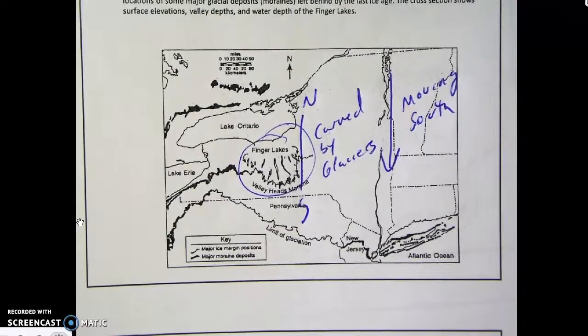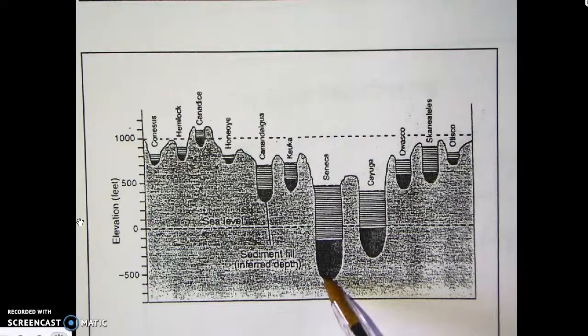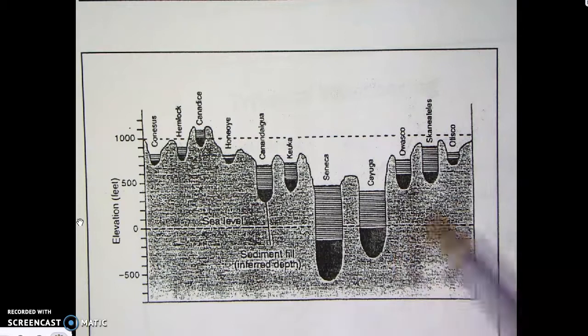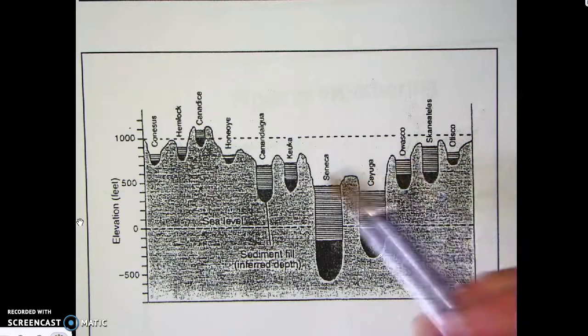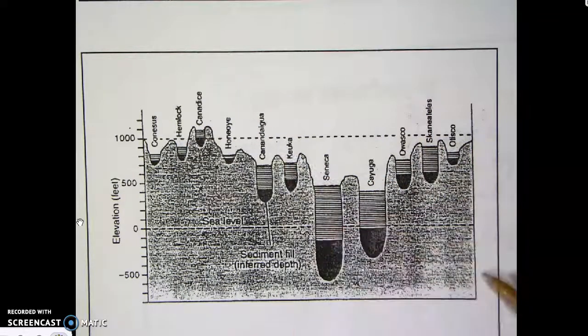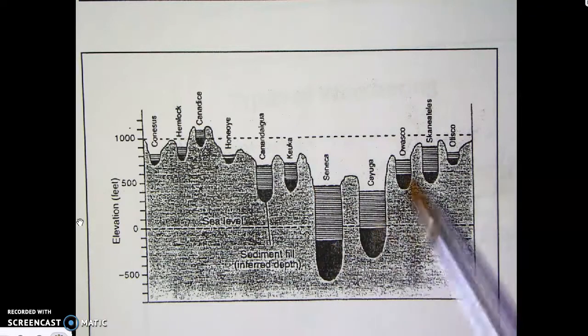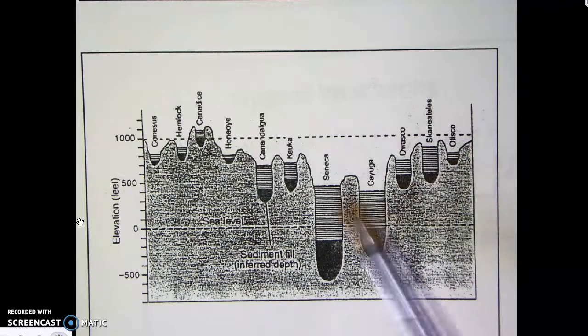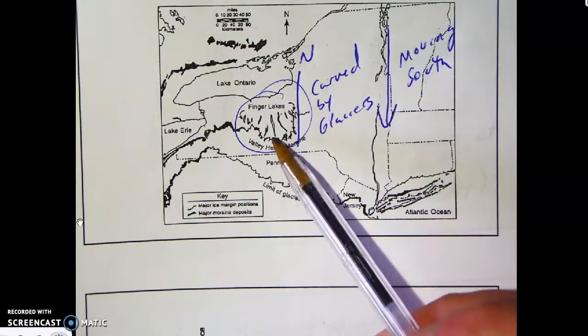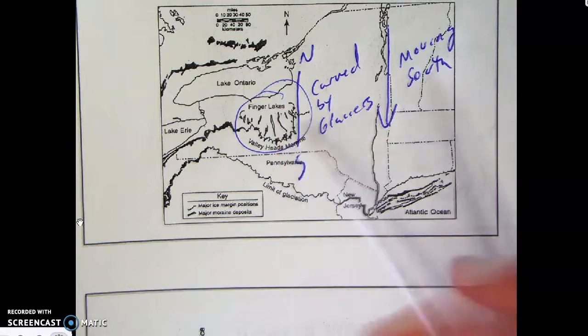Same concept as the Great Lakes. The glaciers carved out those big, again, U-shaped valleys, and then when the ice melted, those U-shaped valleys were filled with water. And here are all of the Finger Lakes, if you've ever been out to that part of the state. But we have these big U-shaped valleys filled with water from the melted ice. And we have, again, a north-south orientation to those lakes because they were carved by the glaciers.